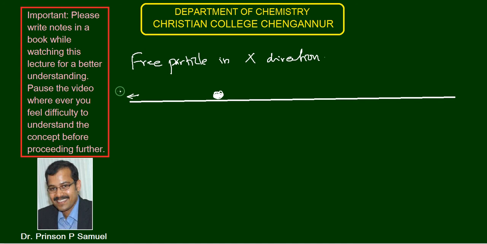It can move up to negative infinity, and in the other direction up to positive infinity. There is no boundary for the movement of this particle in the x direction, so it can move from minus infinity to plus infinity, in either direction.